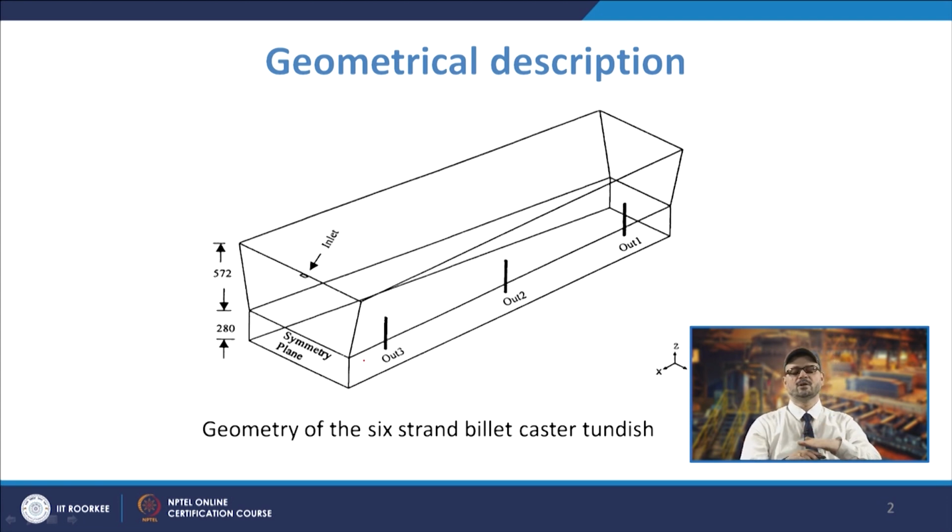This zone is only there to show the outlet. The dimensions of the Tundish are also shown. As you see, the height is given and the other dimensions are 2.95 meter of length or so.